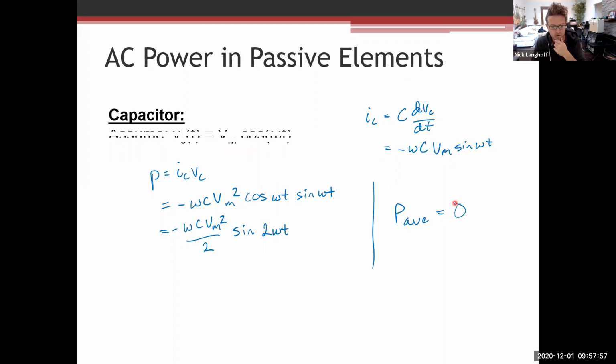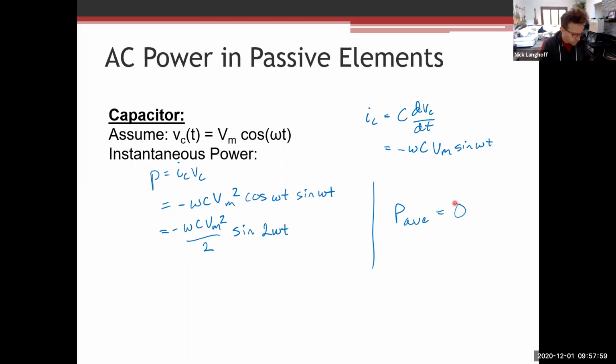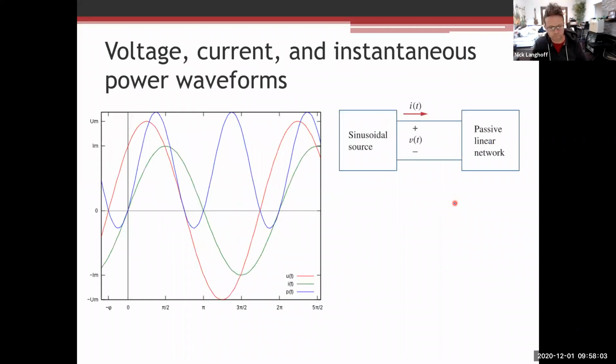Okay. All right. So let's then take a graphical look at voltage, current, and instantaneous power waveforms. So let's say you have some sinusoidal source.